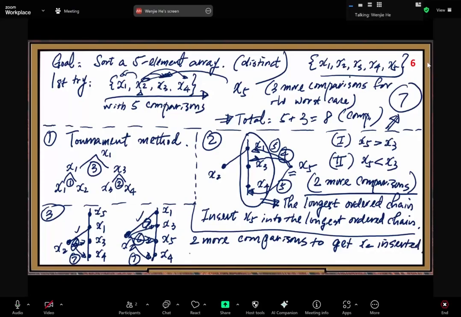So you're done. The final total: 3 in the first round, 2 in the second round, another 2 in the third round, so you get 7 comparisons.